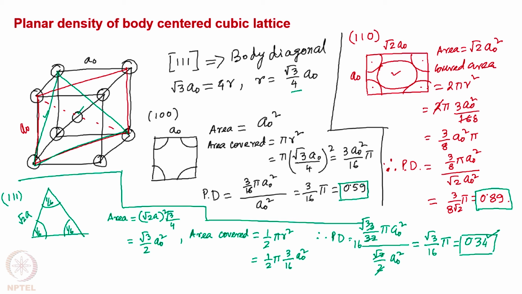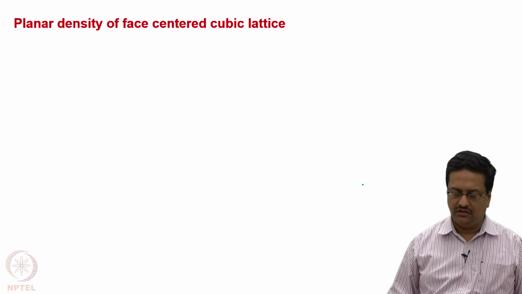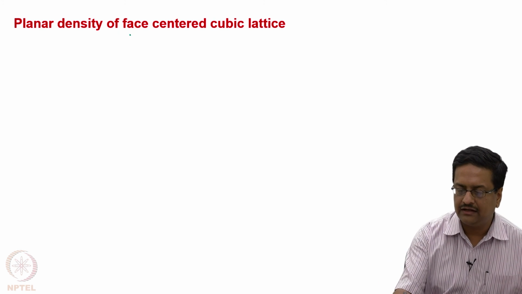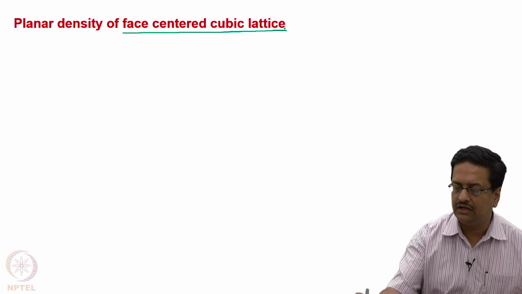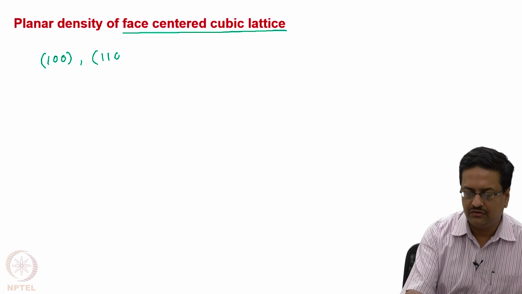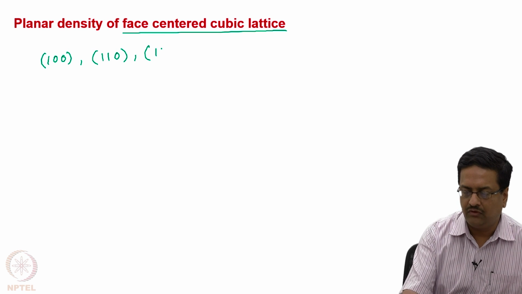What I would like you to do yourself is to calculate the planar density of the face-centered cubic lattice for the planes 100, 110 and 111 and compare their values yourself.